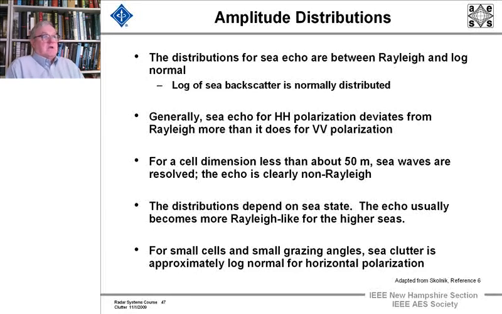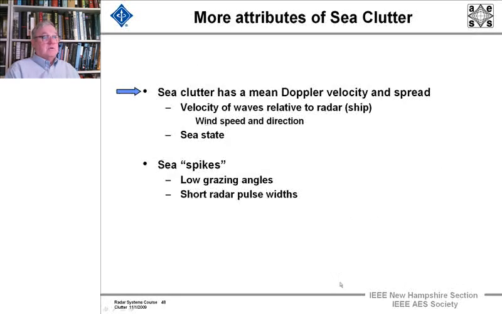And for cell dimensions less than 50 meters, sea waves are resolved and the echo's clearly non-Rayleigh. We'll get into sea spikes in a minute. The distribution depends on sea state, and the echoes usually become more Rayleigh for higher seas. And for small cells and small grazing angles, the sea clutter is approximately log normal for horizontal polarization.